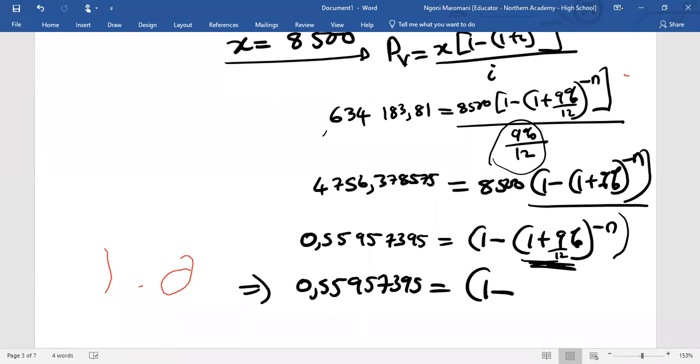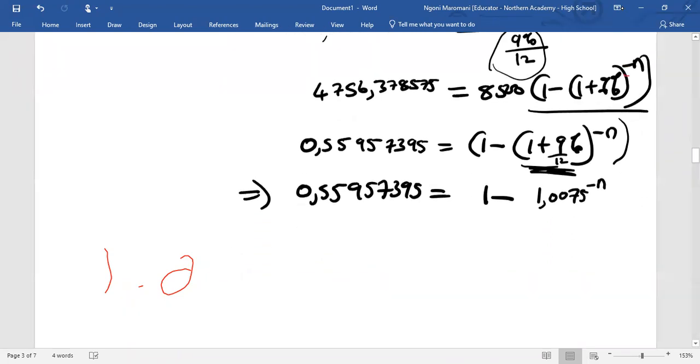What do we get on that one? 1.0075. 1.0075 to the power of minus n. Do you see that one?